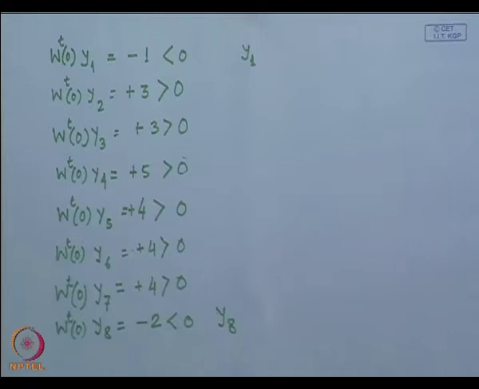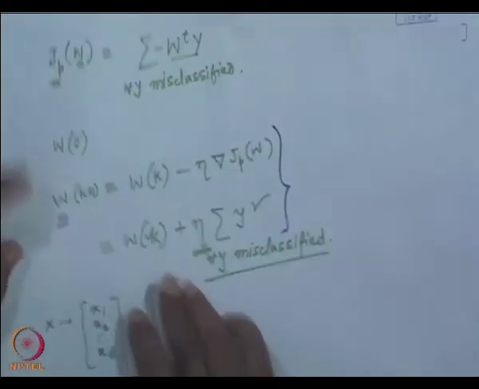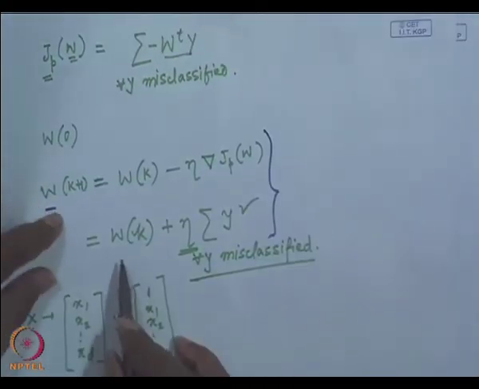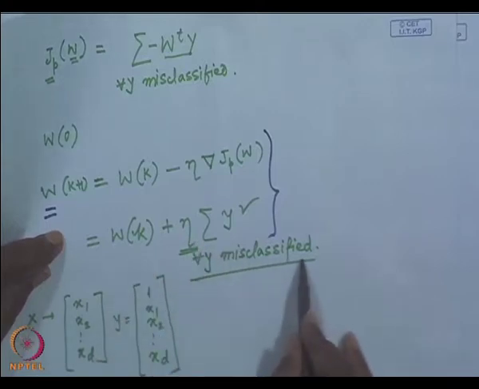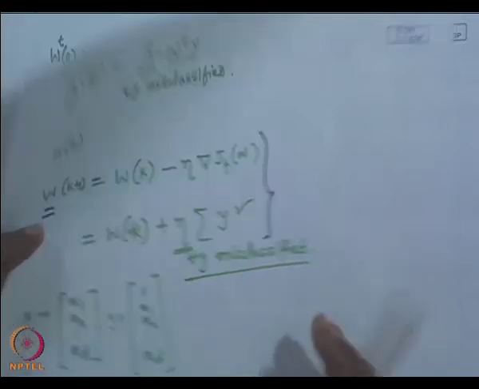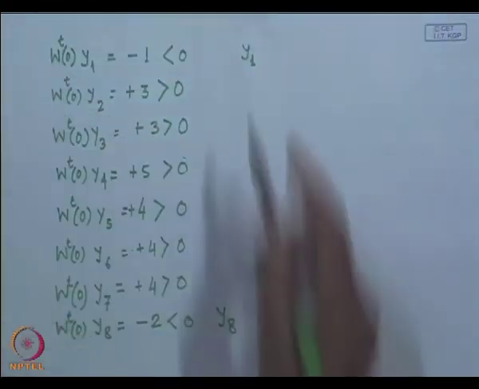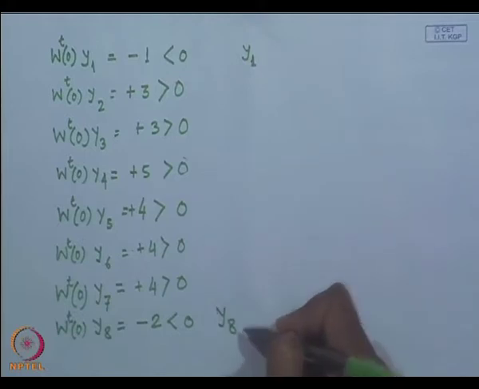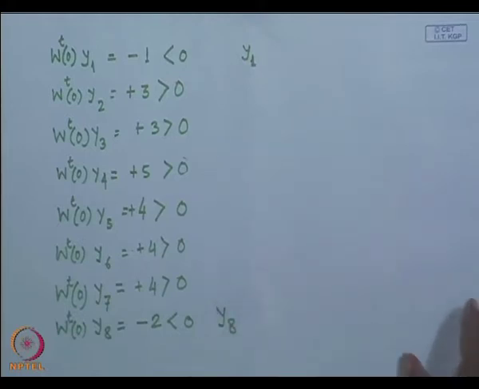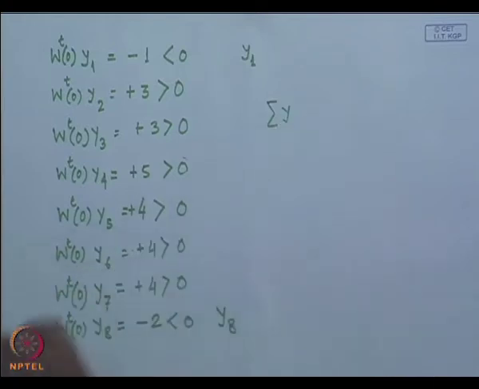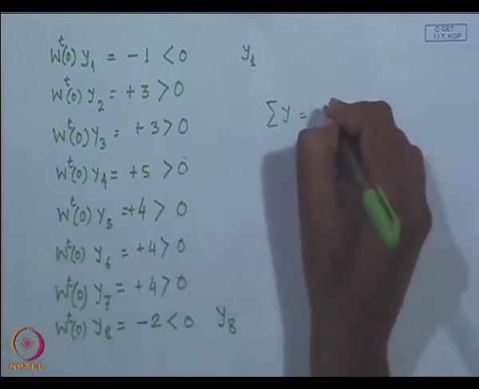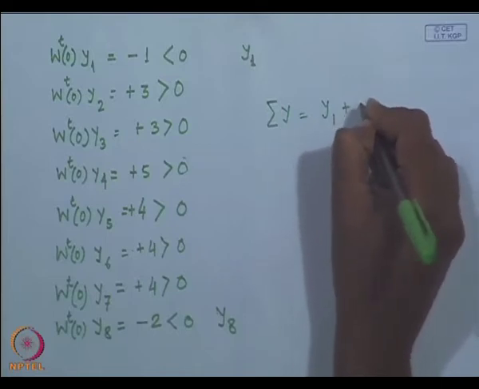Now, looking at this algorithm, you find that the weight updation algorithm is w k plus eta times the sum of y, where the y's are misclassified. So, over here it is y 1 and y 8 which are misclassified. So, the sum of y of the misclassified samples is nothing but y 1 plus y 8.